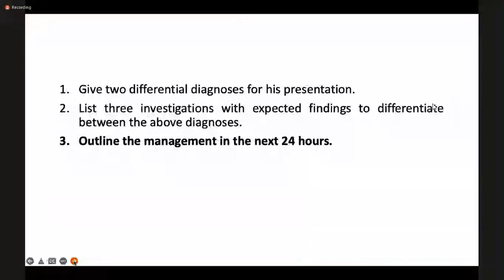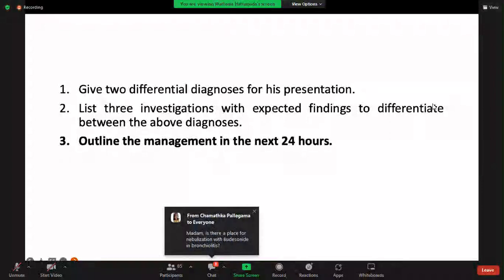But according to the latest guidelines, they are not recommending it. Sometimes we nebulize with 0.9% saline just to relieve the obstruction, but there is no evidence behind it. So basically, it's supportive management in bronchiolitis that you have to do. What else in the management do you have to discuss?